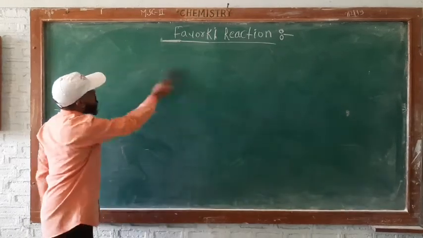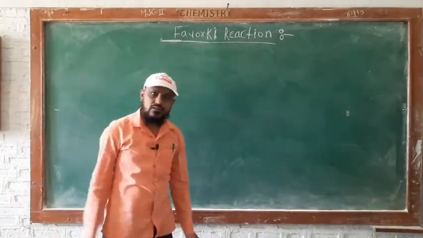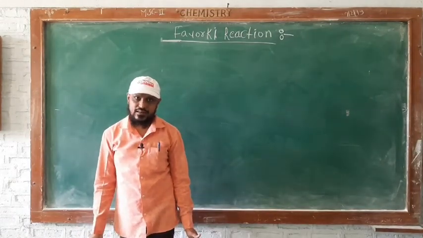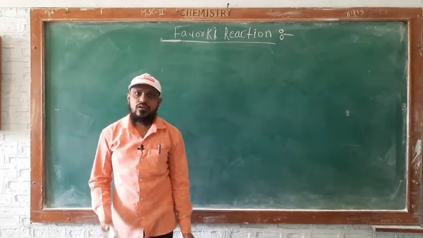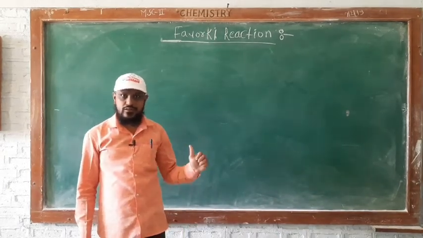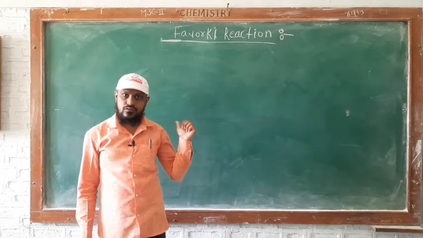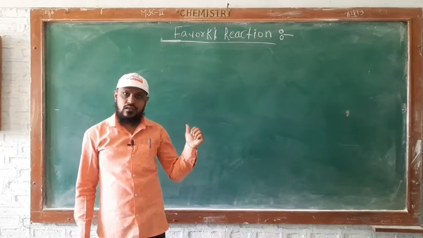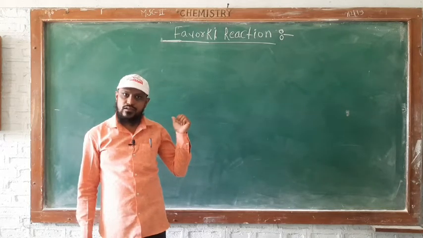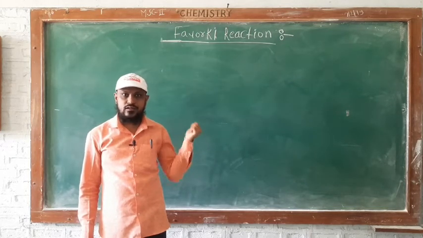The Favorskii reaction is nothing but the conversion of alpha haloketone into ester by the use of alkoxide. Or we can use a different type of reagent, so we will get a different type of product.